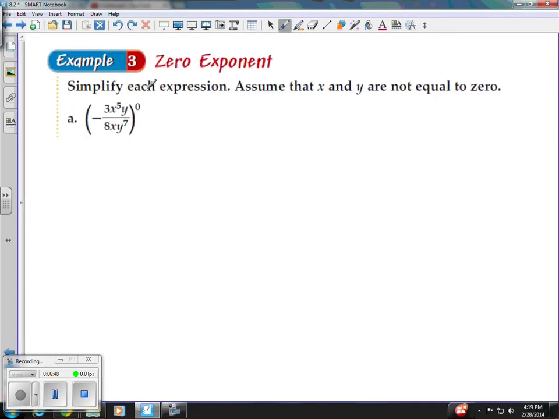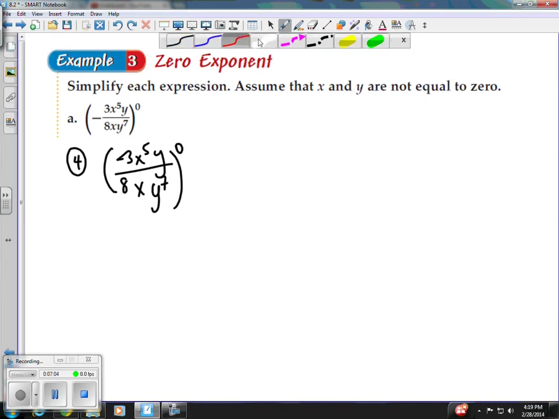So here's an example of our zero power. If I have negative 3x to the 5th y over 8xy to the 7th, all to the 0 power. If you remember, whenever we have a power on the outside, when we have a monomial being raised to a power, it gets distributed.